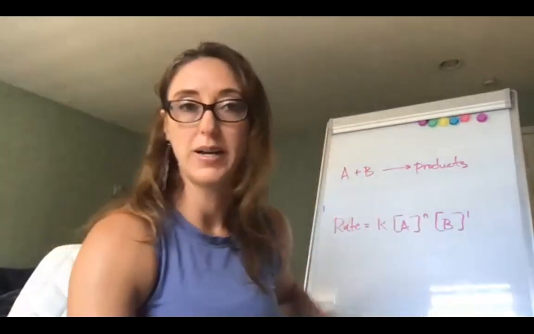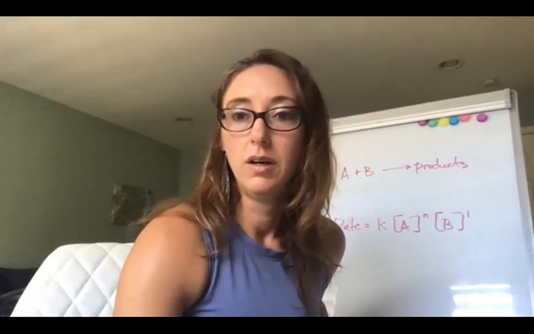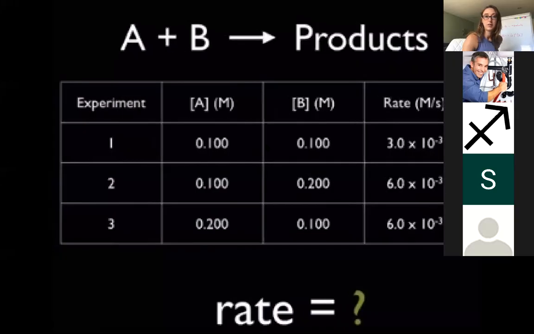All right, let's go back and see if we can figure out this order with respect to A. So now we've got to choose two trials where B is held constant and A changes, right? Because now I want A to be the variable. So let's do that. Okay, if I choose experiments 1 and 3, you'll notice that B stays constant from 1 to 3, and A is going to double.